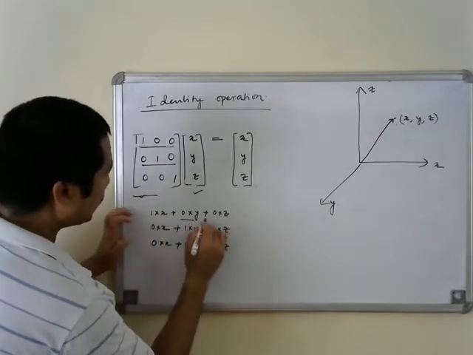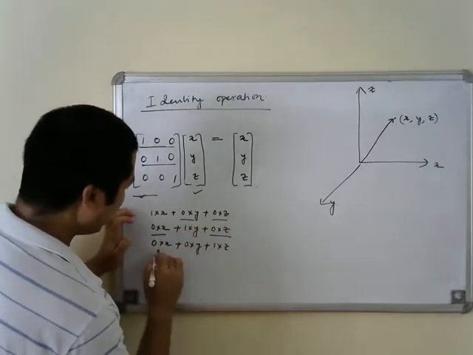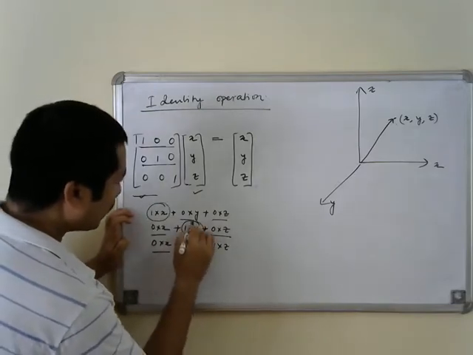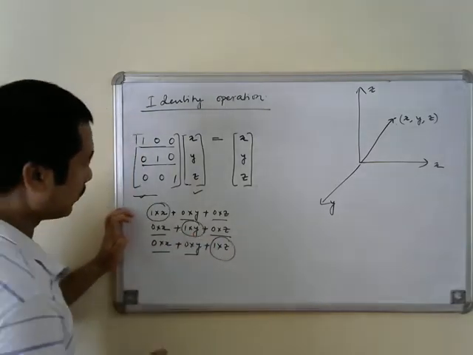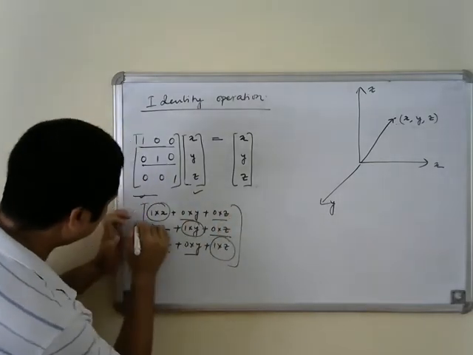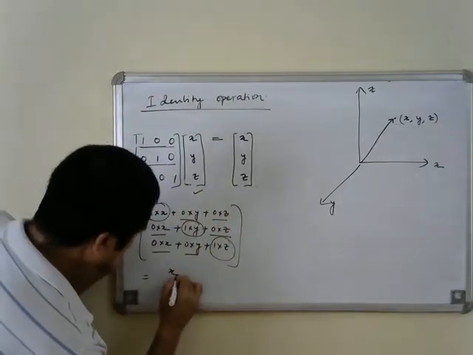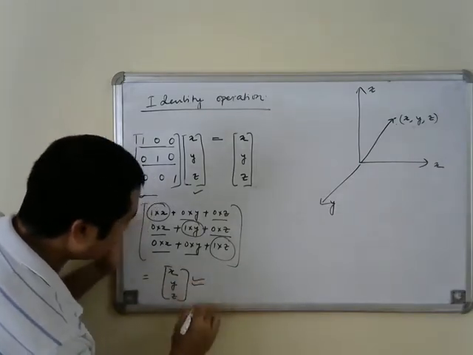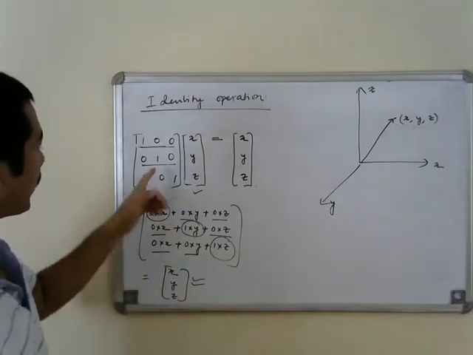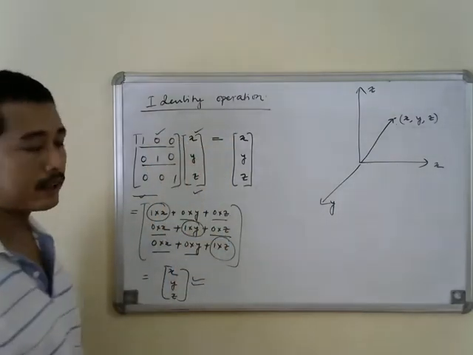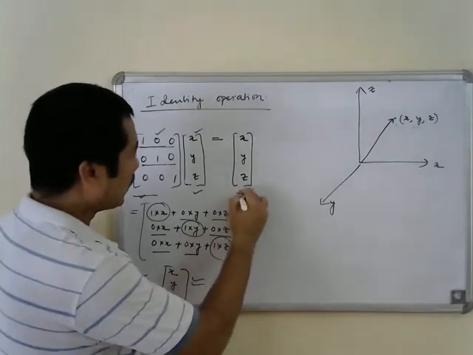So what you can see, these elements are all going to be equal to 0, and the only elements left over here are going to be equal to x, y, and z. So we get the initial coordinates back when we multiply this unit matrix with x, y, z over here, and the result is this.